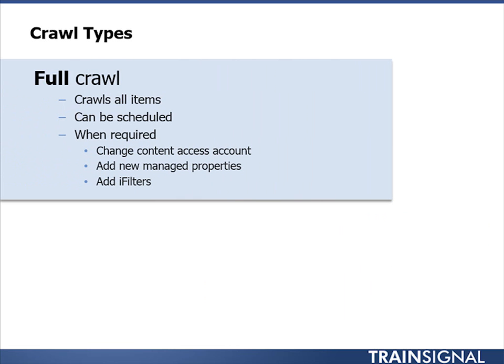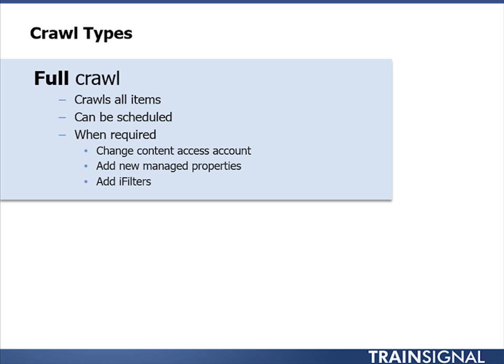The first option that we have is a full crawl. Now, sort of like the name implies, our full crawl is going to crawl everything. Now, a full crawl can be scheduled. And you might be wondering, well, why in the world would I ever want to schedule a full crawl? If that's going to crawl everything, and especially if you already know that we have an incremental crawl, why do we ever need to step back and do a full?